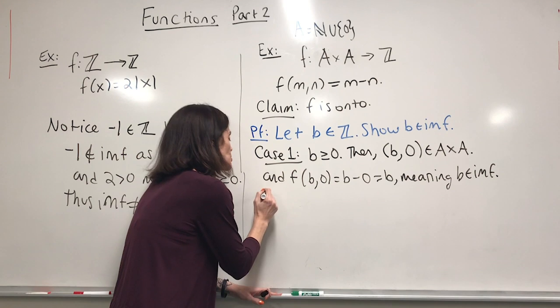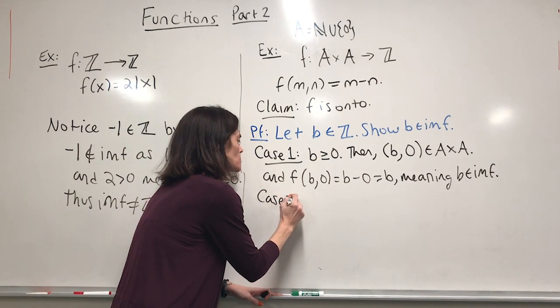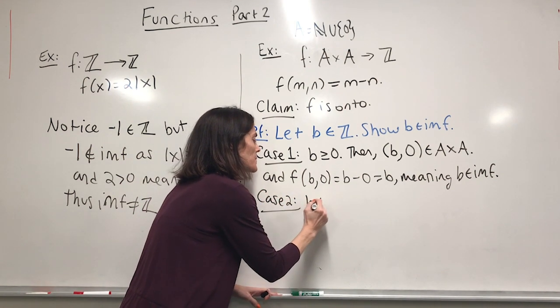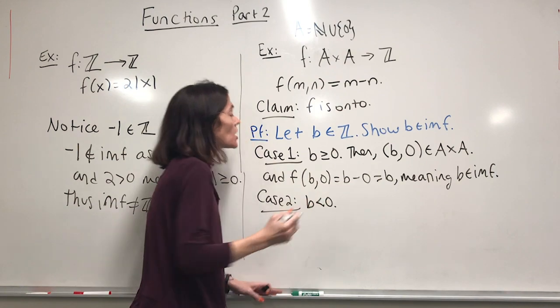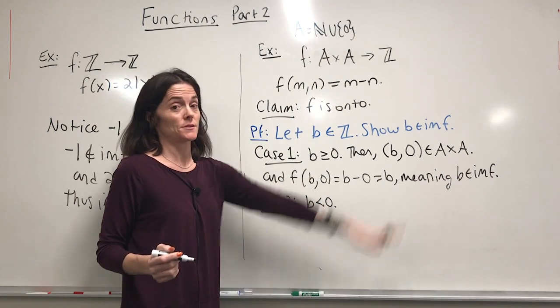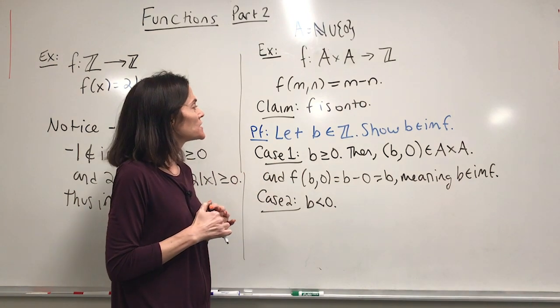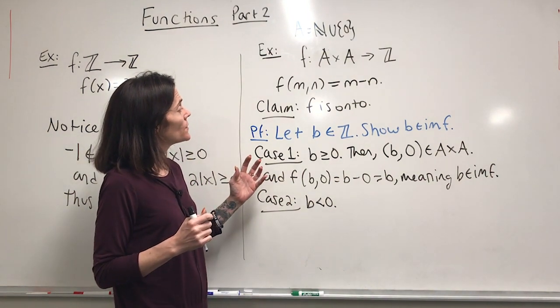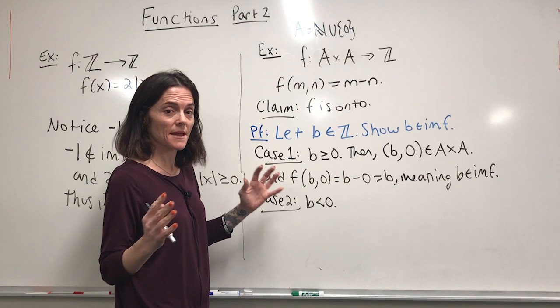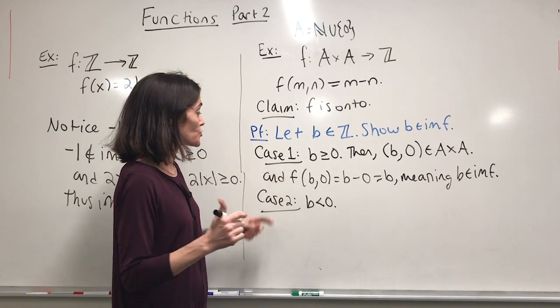Okay, now case 2, we have to think a little bit. We might have b negative, because we need to show that all of the integers are equal to the image. And here we can almost do the same thing, except we have to do a little trick.